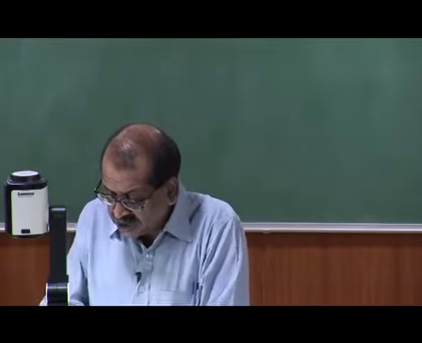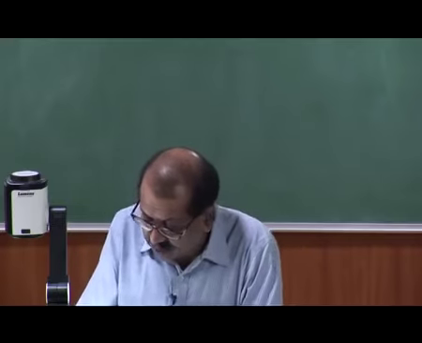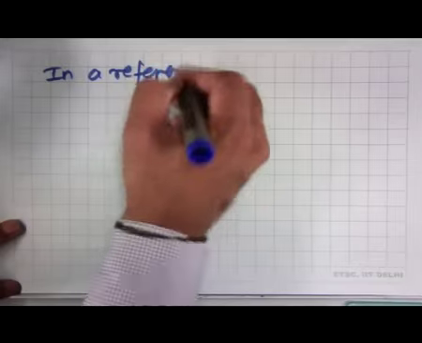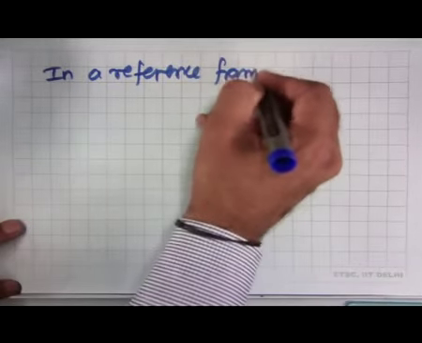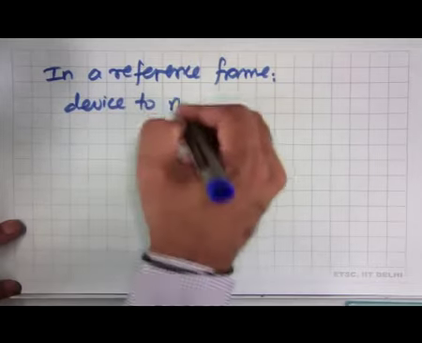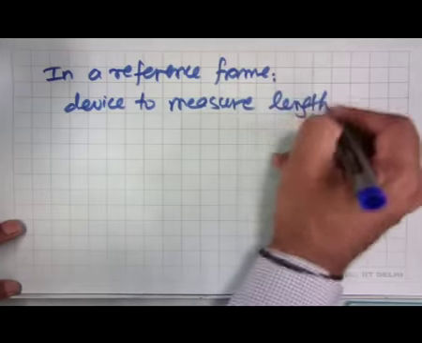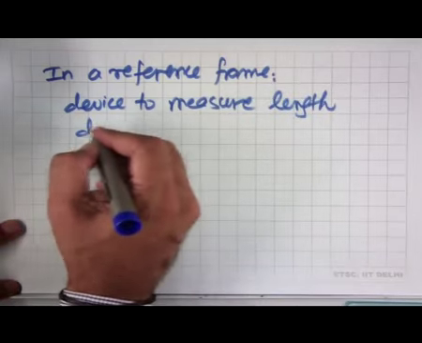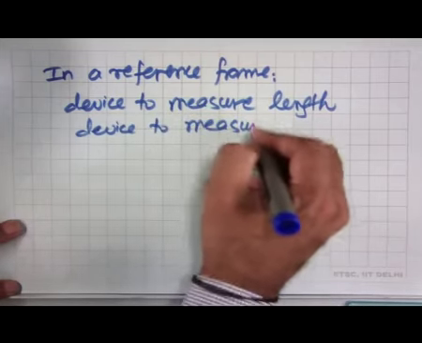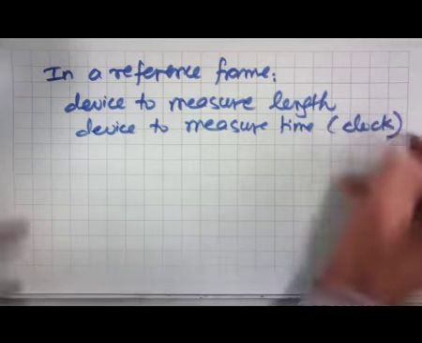So, there are two things which I will need along with the frame: in a reference frame we have a device to measure length and a device to measure time, which typically would be a clock.